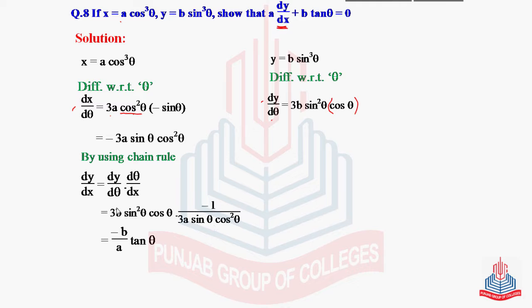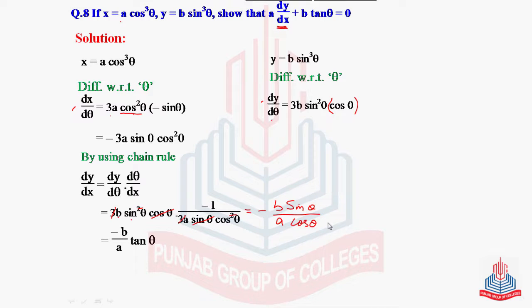Now by simplifying, this 3 will be cancelled out, sin theta will be cancelled out, and one cos of theta is cancelled, so we have minus b divided by a, and here we have sin theta, and in the denominator we have cos of theta.